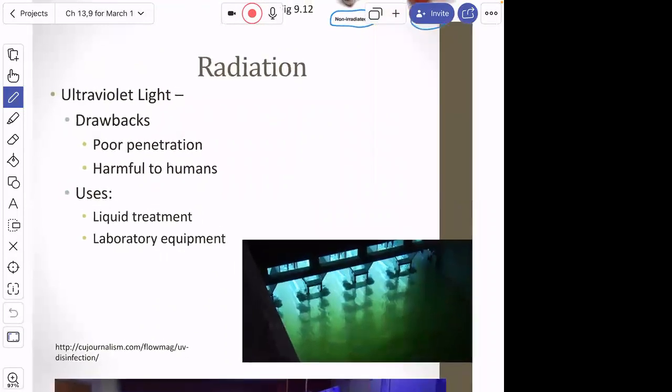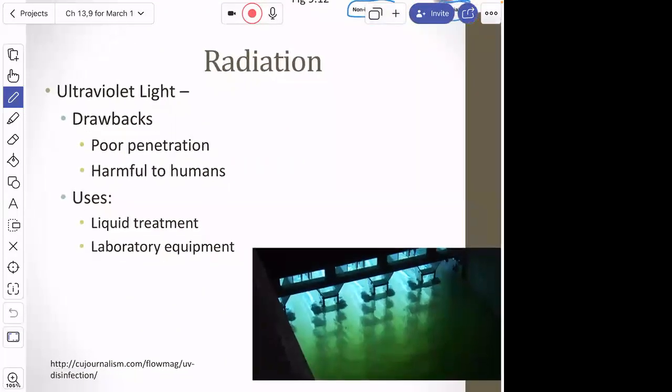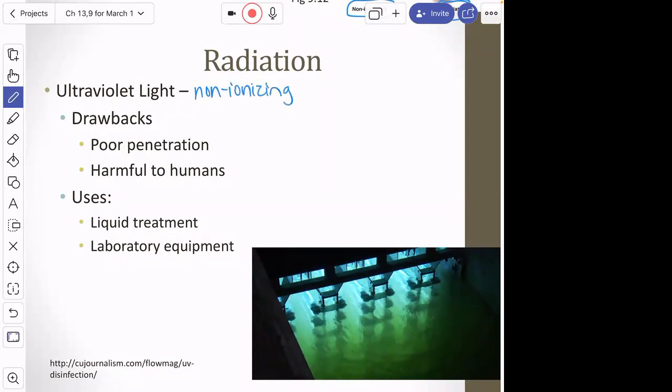So the other kind of radiation that we talked about before was ultraviolet light. Of course, we called this non-ionizing radiation. That, if you remember, forms a specific kind of mutation in cells called thymine dimers.